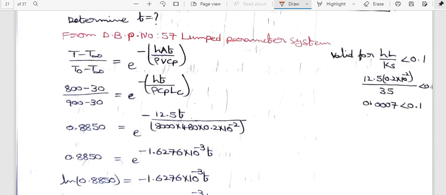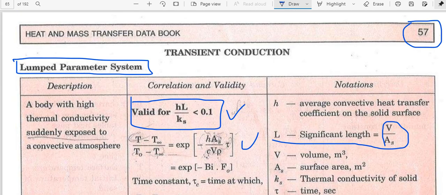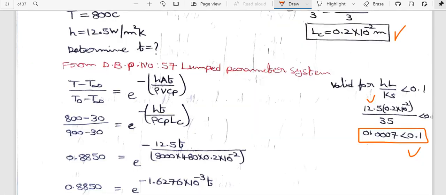H value is 12.5 and L is the already calculated 0.2 into 10 power minus 2, divided by the thermal conductivity. This is also less than 1, so the Biot number is less than 1. Now we can use data book page number 57 for the lumped parametric system: (T minus T infinity) by (T naught minus T infinity) equal to e power minus HAt.